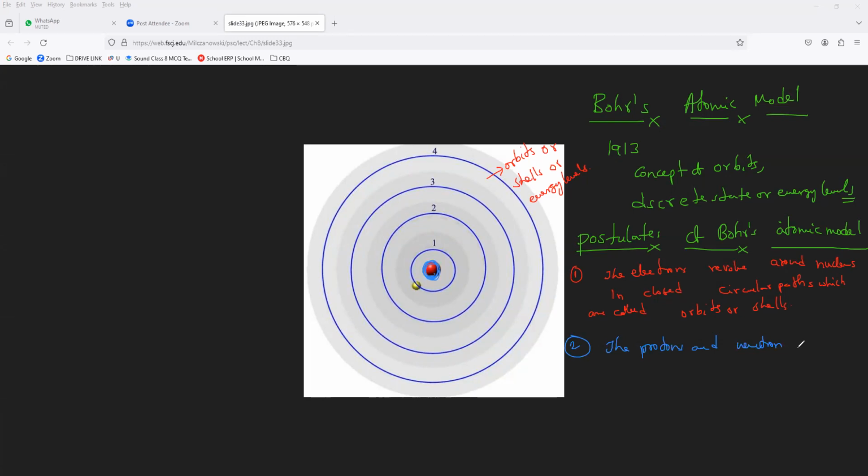So the protons and neutrons are present in the nucleus, which is responsible for the total mass of the atom.